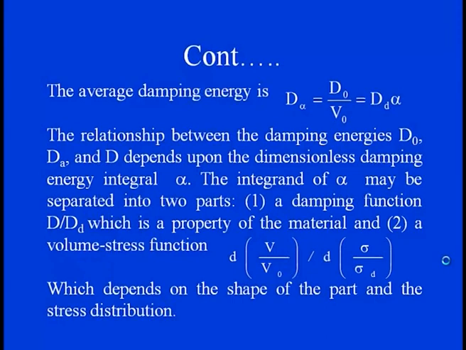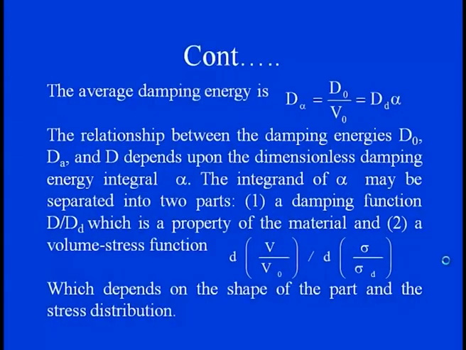The relationship between the damping energies like D0, DA and D absolutely depends upon the dimensionless damping energy integral, that is alpha. So this damping energy integral is a specific property through which we can directly correlate all three types of damping features, and this integrand alpha can also be separated into two parts, as we discussed.